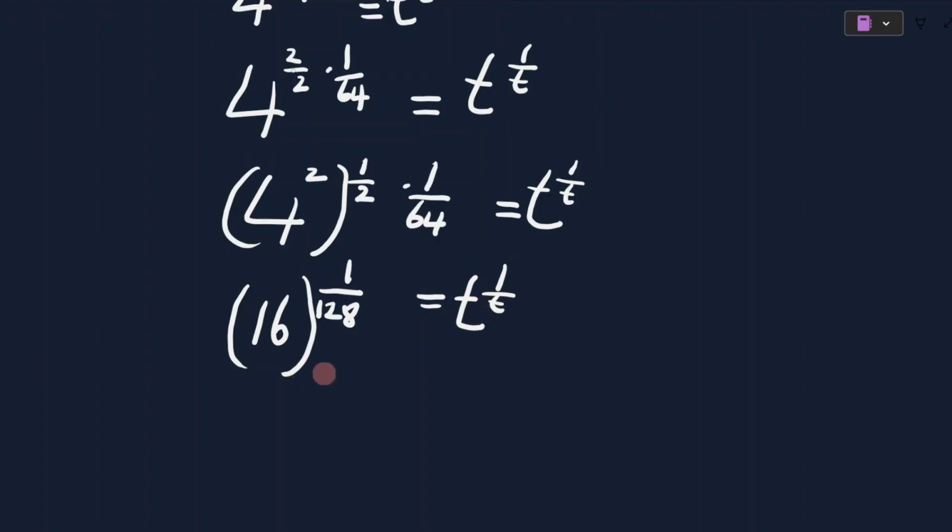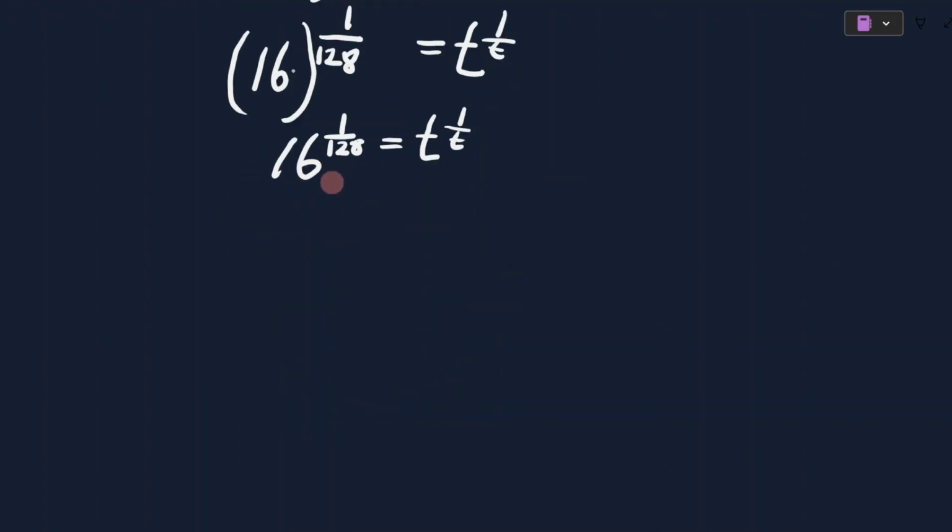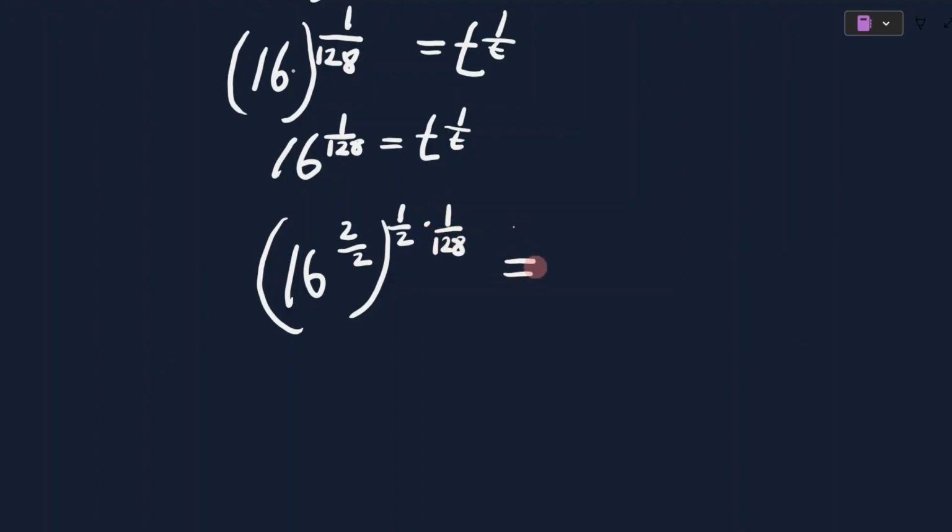Now we can write this as 16 raised to power 1 over 128, which is equal to t raised to power 1 over t. We can also represent this as 16 raised to power 2 over 2, bracket and raised to power 1 over 2 multiply 1 over 128, which is equal to t raised to power 1 over t.